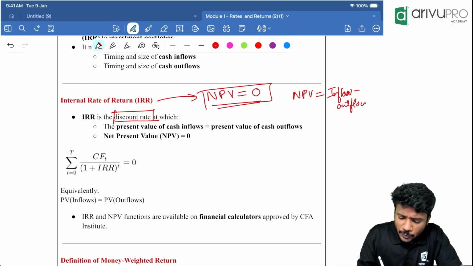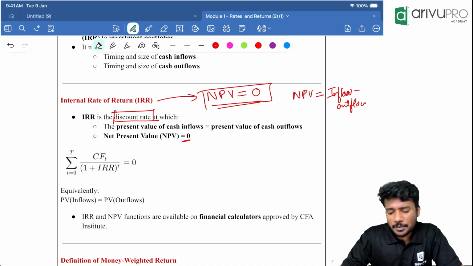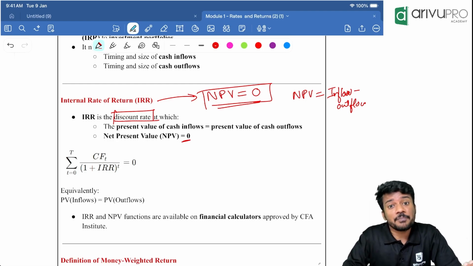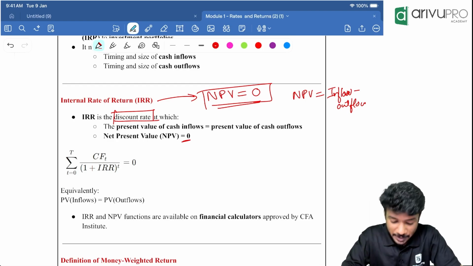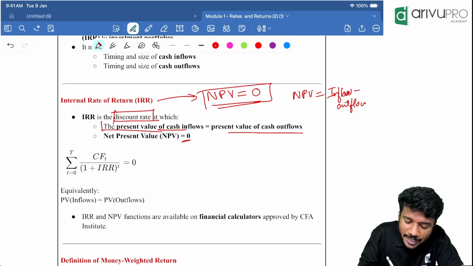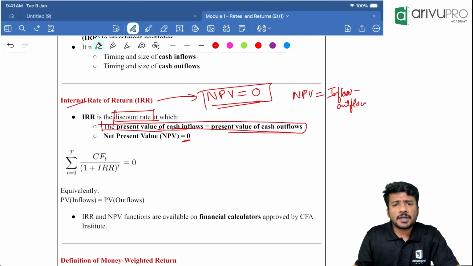If NPV is equal to 0, the present value of inflow will be equal to the present value of outflow. That is the basic understanding of internal rate of return.